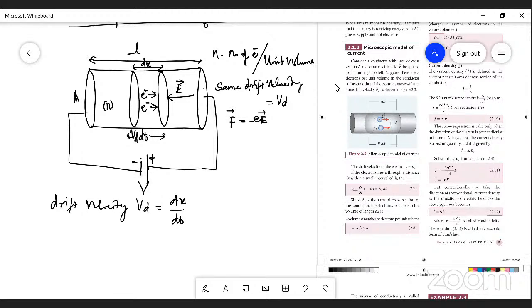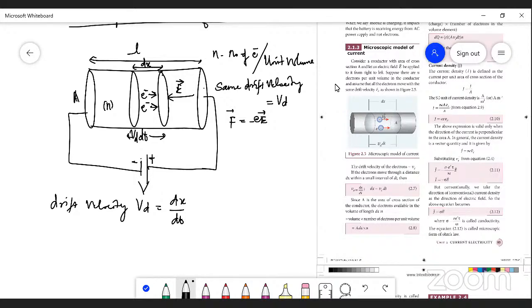The electron covers this distance dx in a time interval dt with drift velocity Vd. So Vd equals dx divided by dt, a very simple format. Velocity equals distance traveled by time taken.